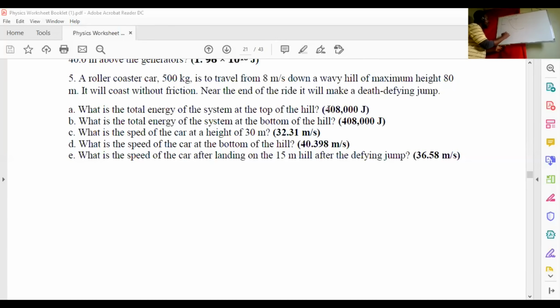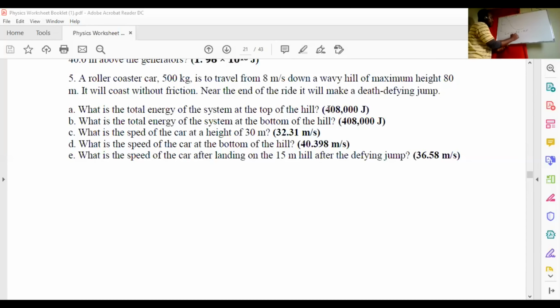The total energy is the same throughout. Oh, it actually is moving at the 8 right here, so this 8 should be at the top. So it's moving at the top as well, so it's both KE and PE.